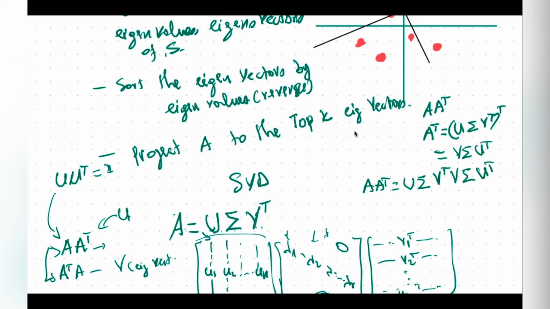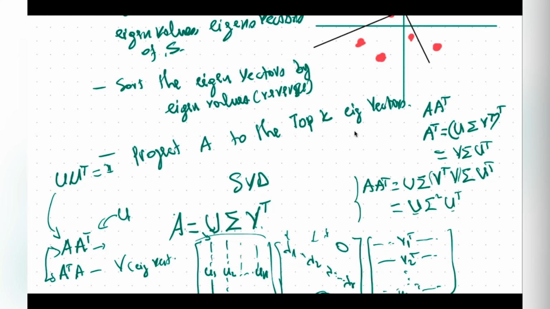Okay, so since these are orthogonal matrices, they multiply to the identity matrix. So you have this equal to U sigma squared U transpose. Okay, so you can use this to find those U that you want.